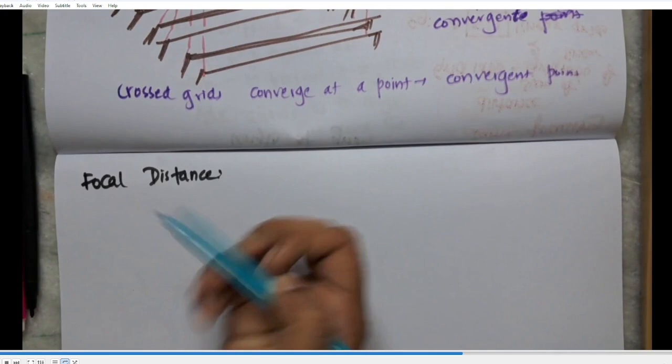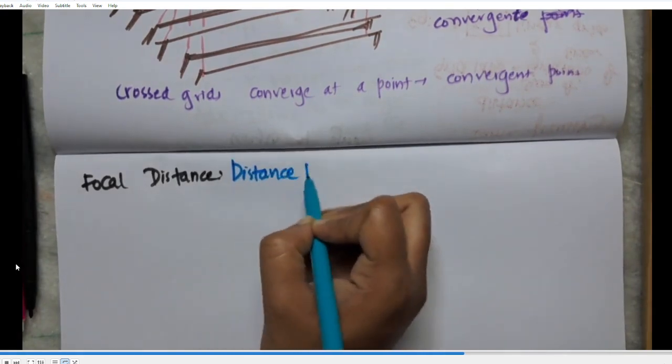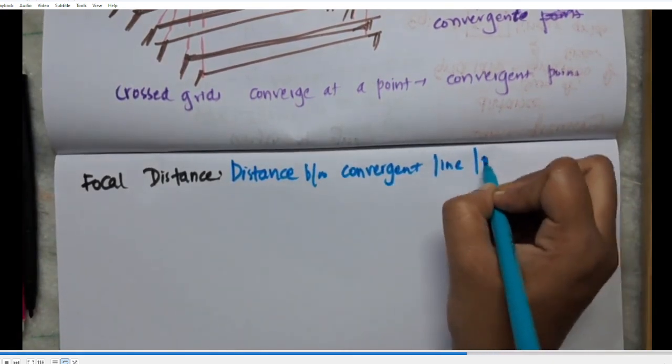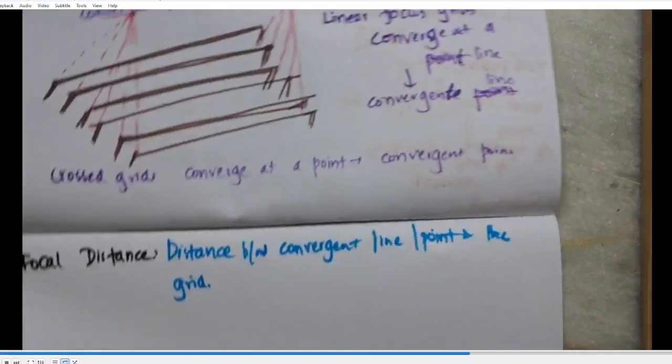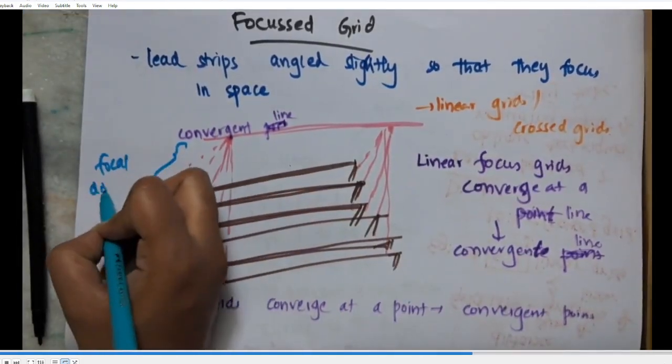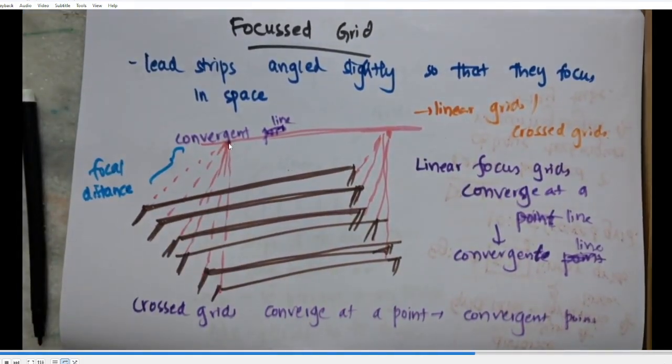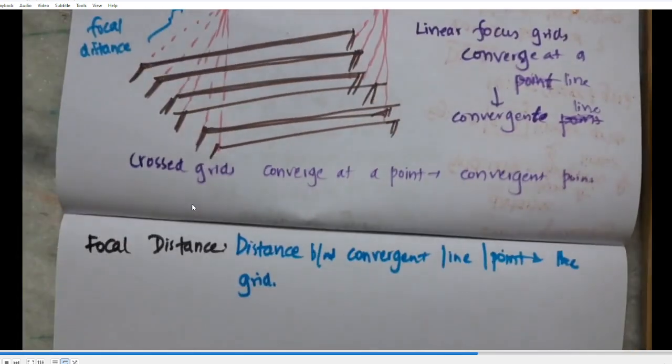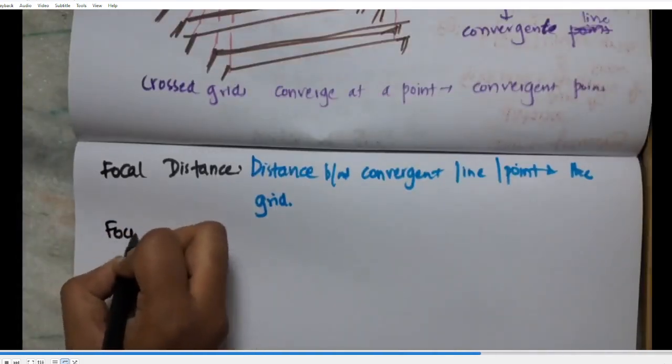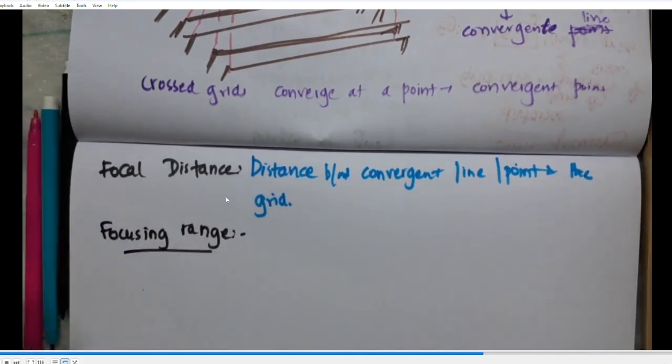Then the next terminology is focal distance. Focal distance is the perpendicular distance between the grid and the convergent point. So this distance between the grid and the convergent line or convergent point is called the focal distance. In practice, the grids have a focusing range.